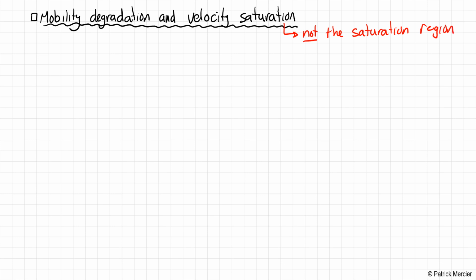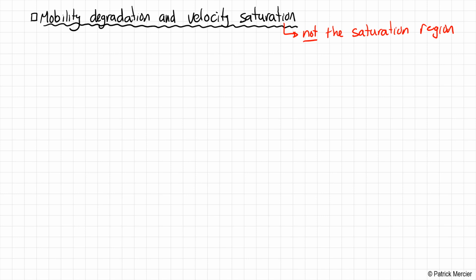There's a separate region that we're going to consider called the velocity saturated region. This is going to get even more confusing when we start talking about the next non-ideality, where there's another region of saturation. So whenever you use the word saturation, make sure you are being very clear about what you mean to make sure that there's no confusion.